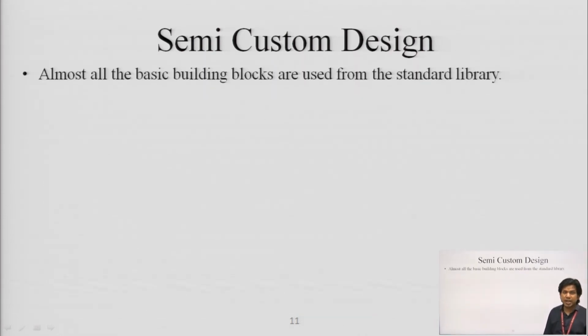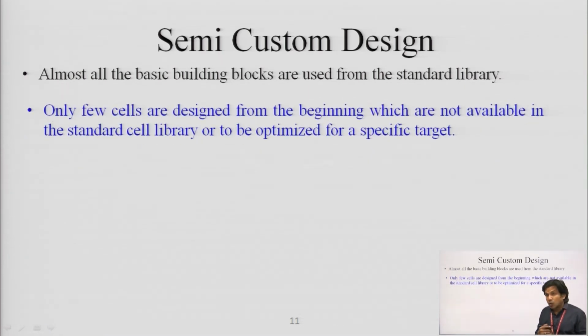Now, the next is semi custom design. In semi custom design, we use some standard blocks that are already in the standard library, but the things that we want to optimize, only those particular cells we redesign, so that we get better optimization. This semi custom design takes less time compared to full custom design, but again the performance of semi custom design is not much better compared to full custom.